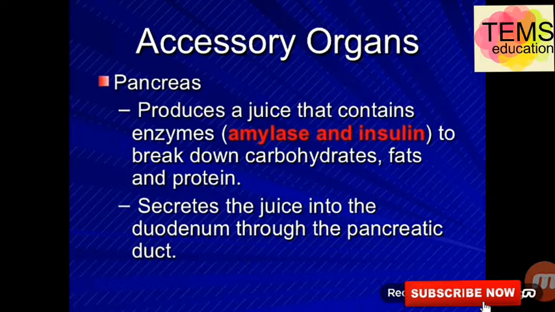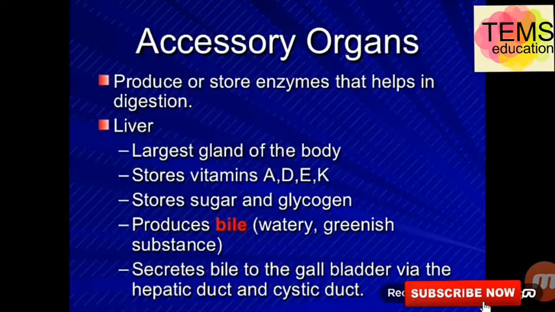The pancreas produces a juice that contains enzymes, such as amylase and insulin, to break down carbohydrates, fat, and proteins. It secretes the juice into the duodenum through the pancreatic duct. So these are the accessory organs: pancreas, gallbladder, and the liver.